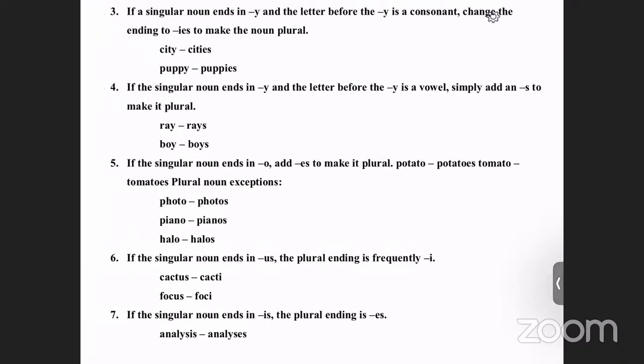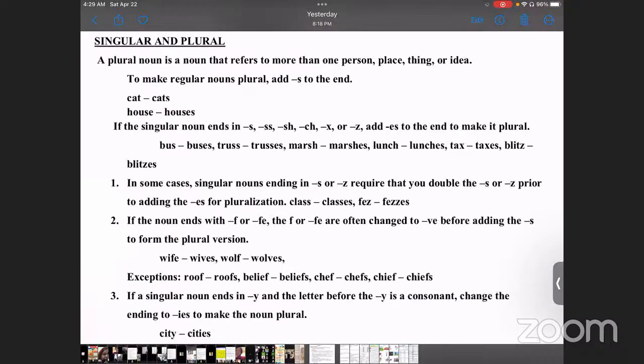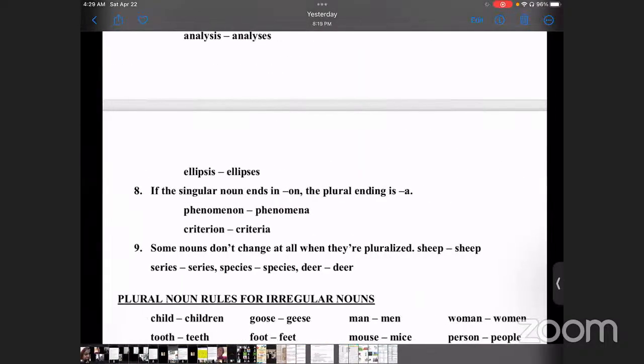All these things are written in your notebooks, children. So monitors, if you have your notebooks, you can look at it. Remember, guys? Instruction number 2. Wolf becomes, the F is taken away and we write VES. There are exceptions for some of the words, but that's where we are.